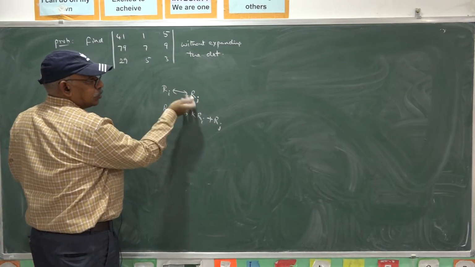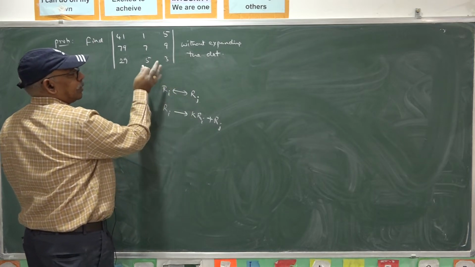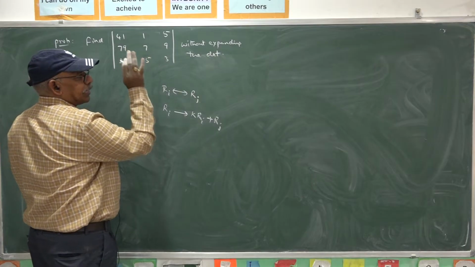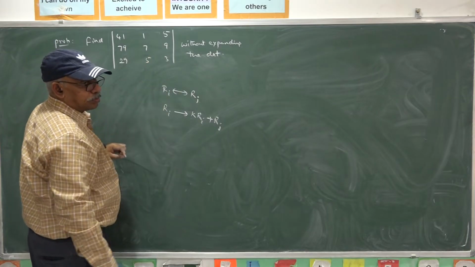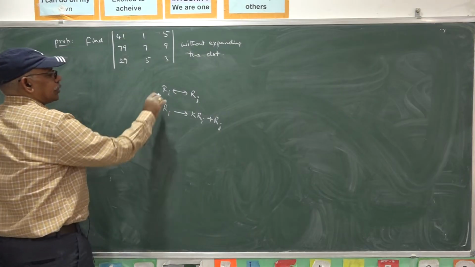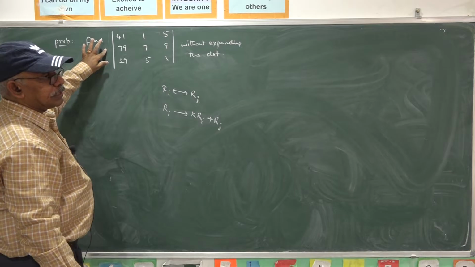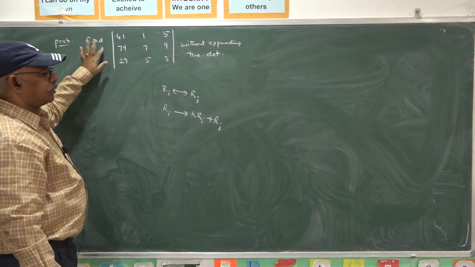Once you interchange two rows or two columns, the determinant changes its sign. That is a worthy note, already given in the properties.